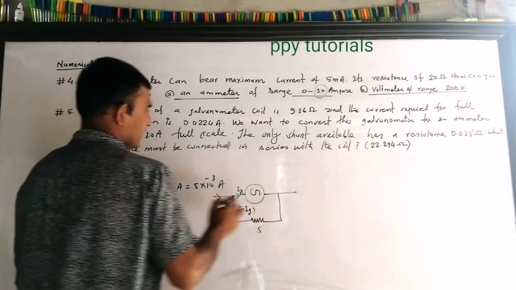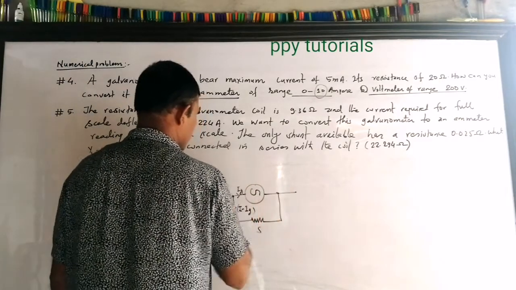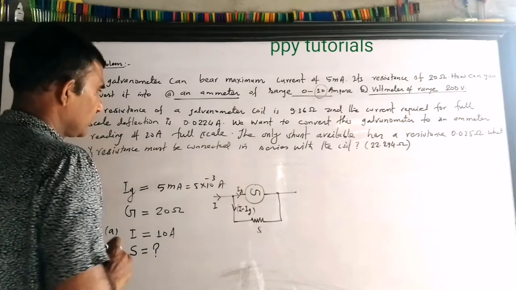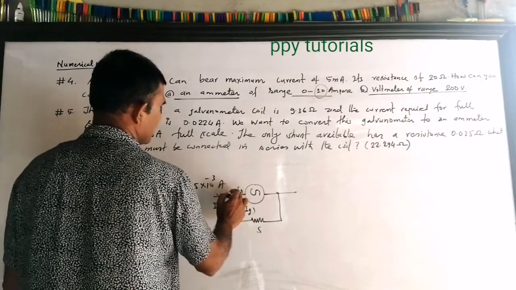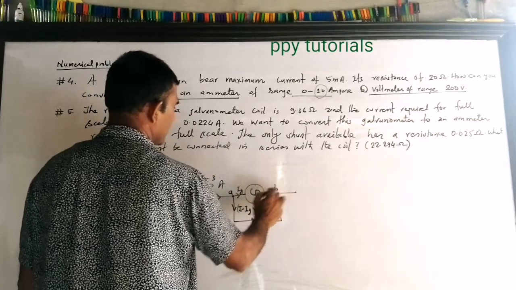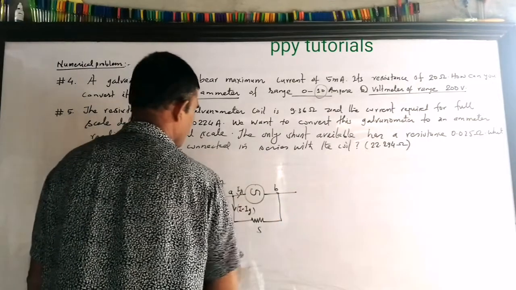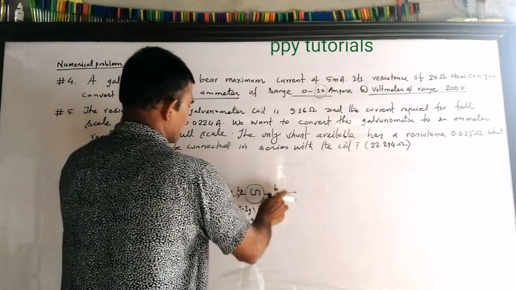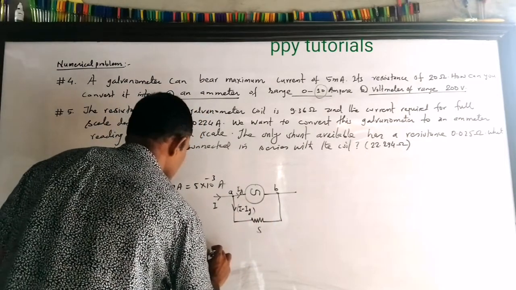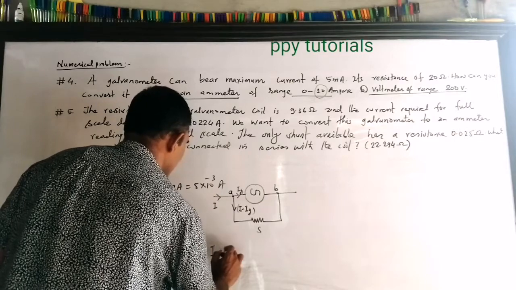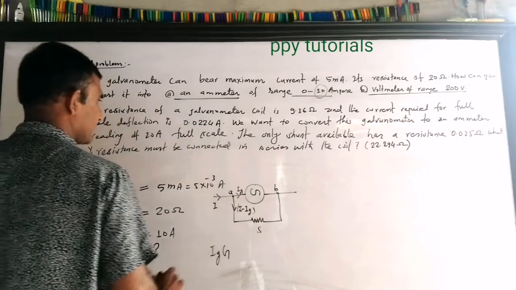So this remaining current should be I minus Ig. Okay, and now we have to find the value of the shunt. I told you, no need to remember the formula. Just know that the potential difference between these 2 points A, B, for the upper branch and the lower branch, is the same. So I can use Ig times G as the potential difference.